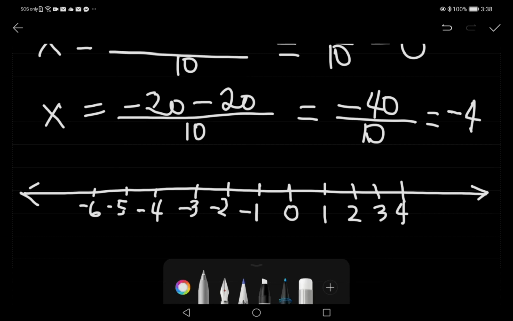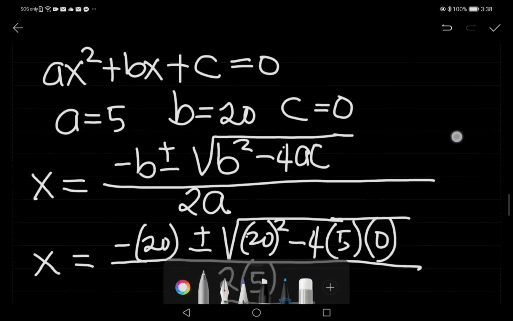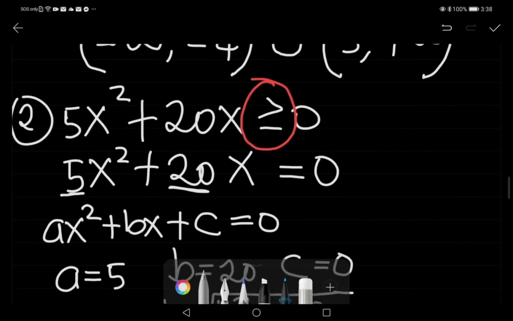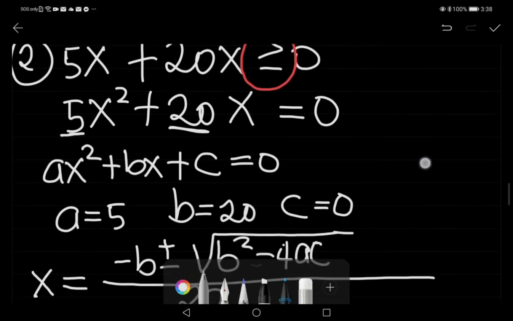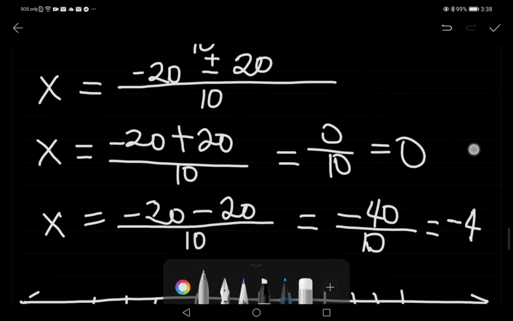So kay ang given nga inequality is using the greater than and equal to. So kay greater than and equal to man na siya, ang atong gamiton is a solid circle.